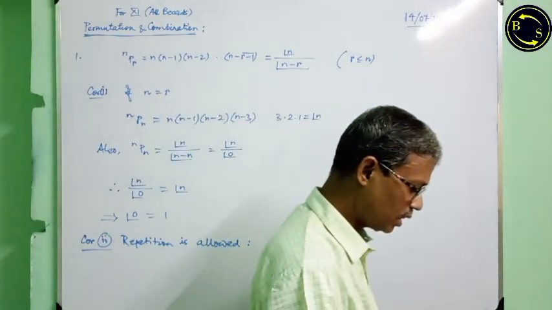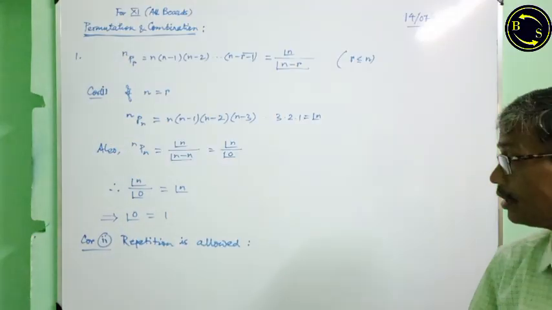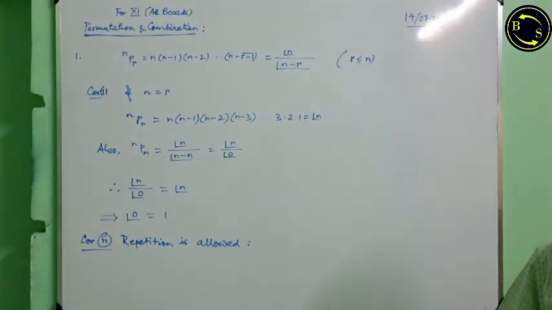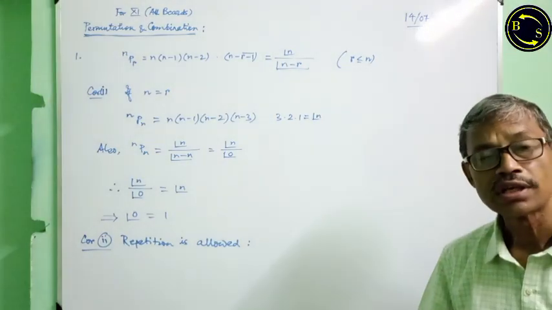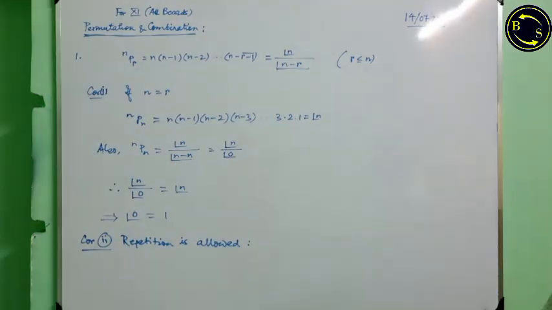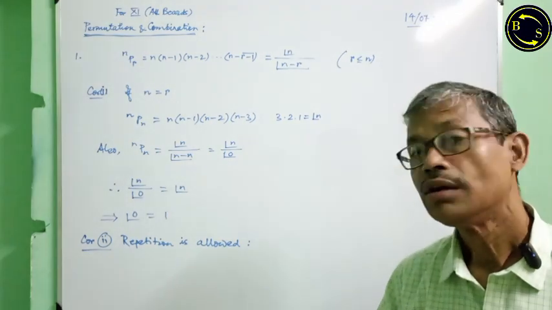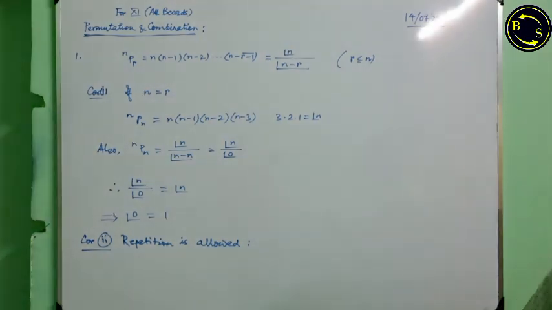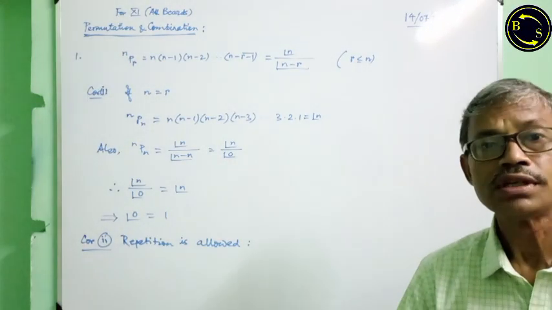This actually happens when digits are considered. Say 4 digits are given and we are to form 3-digit, 2-digit or 4-digit numbers.